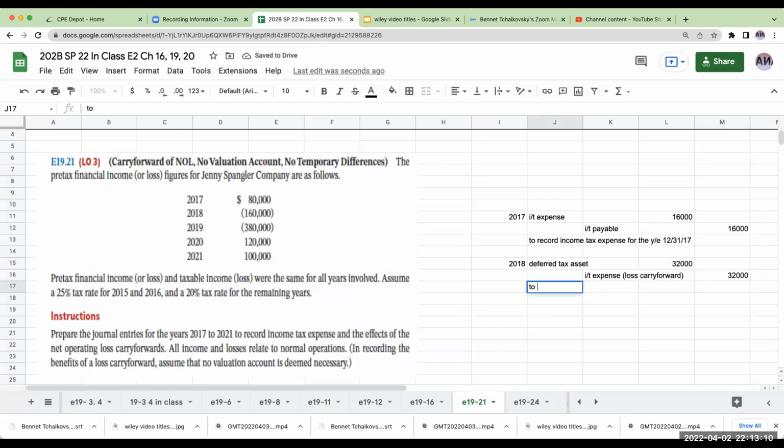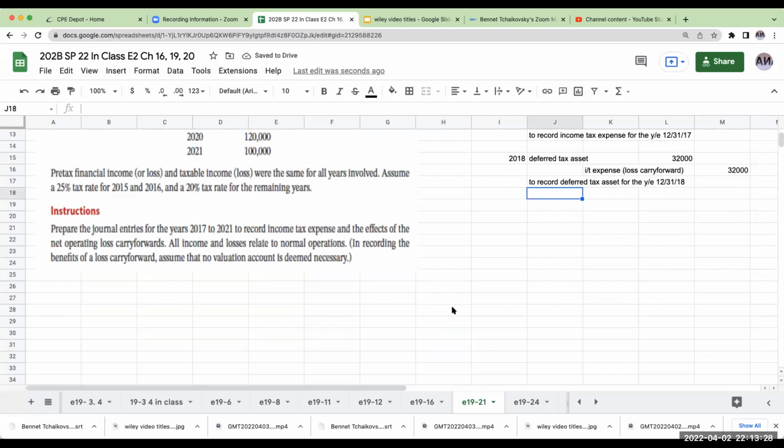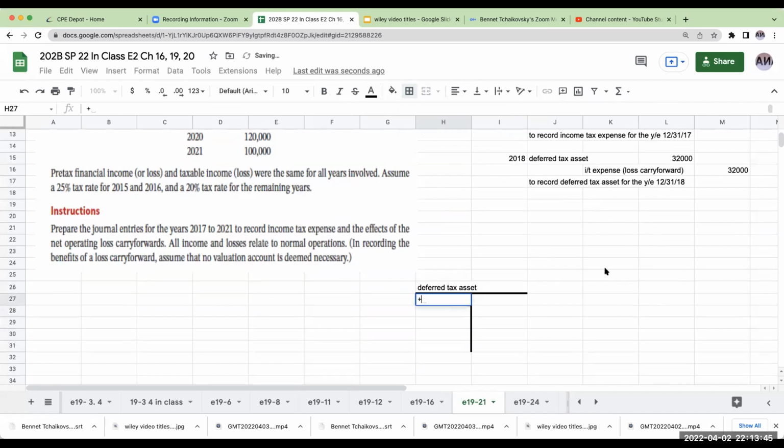So to record the deferred tax asset for the year ended 12/31/18. So I've got a deferred tax asset over here, starting with 32 grand.